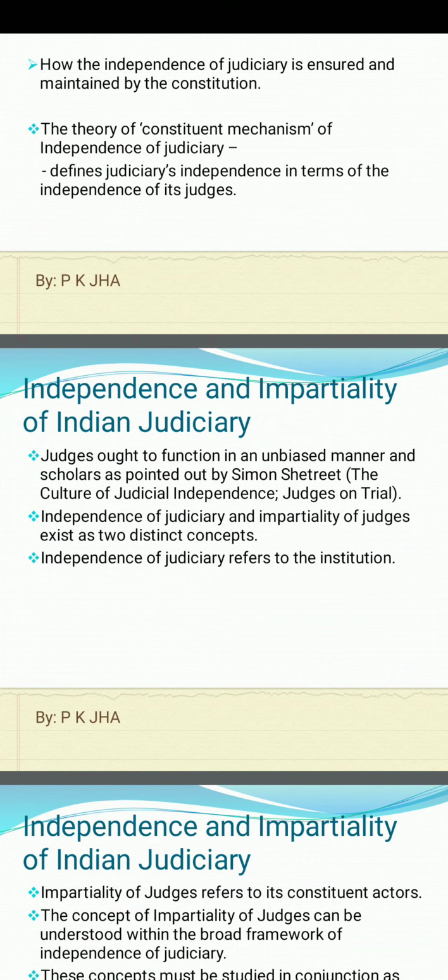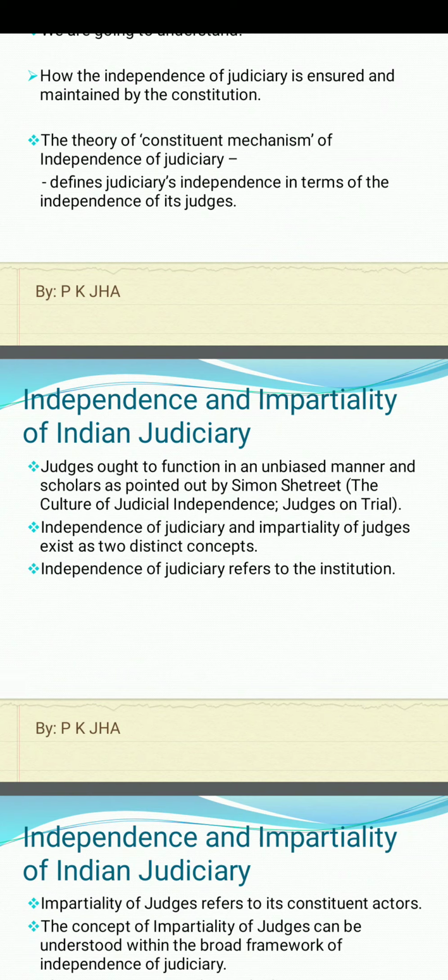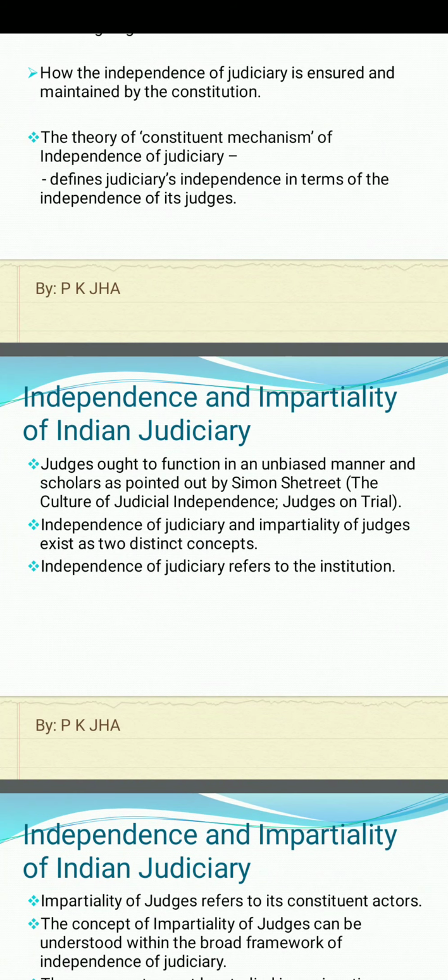In that case also, because of lack of evidence, judges are bound to give their verdict in favor of the side that succeeds in presenting all the evidence before the jury members. That's why no question arises that judges won't function in an unbiased manner.